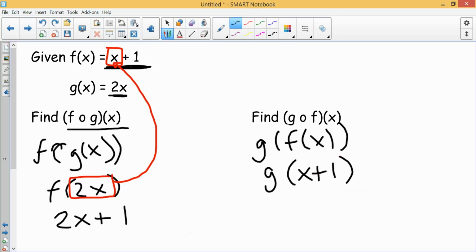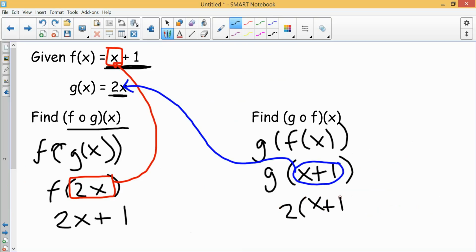And now I'm going to take this x plus 1 and plug it into my g of x function, 2x. So this now becomes 2 times x plus 1. I can distribute that 2 and get that g of f of x is equal to 2x plus 2.